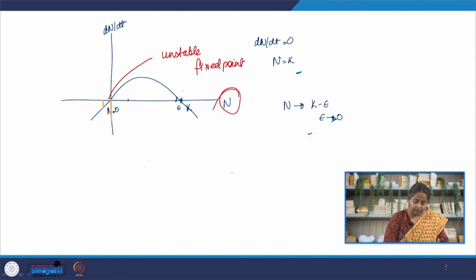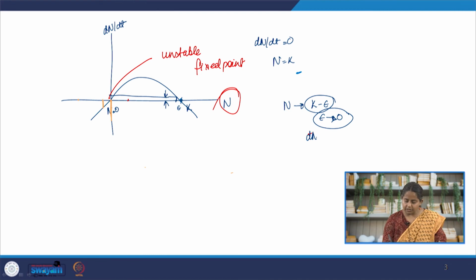Notice what is happening. Now dn by dt is no longer equal to 0. If you look at the magnitude of dn by dt, in this case it is quite small, it is not a very big number. I mean qualitatively it looks pretty small. However, it is positive. So when epsilon tends to 0 and I am perturbing to the left, I have reduced n from k slightly, dn by dt is positive, which means n is going to increase.